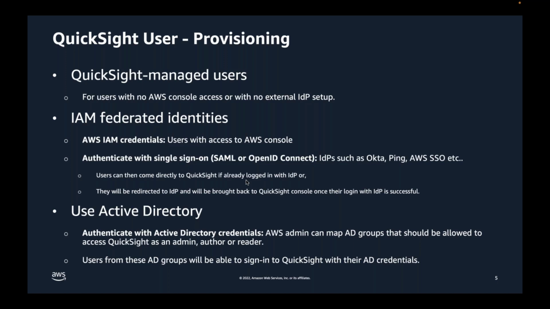The second option is IAM federated identities. There are two ways identities can be federated via IAM. First, if your users have access to the AWS console and you are okay with having them as users in AWS IAM, they can simply use IAM credentials to log into QuickSight.